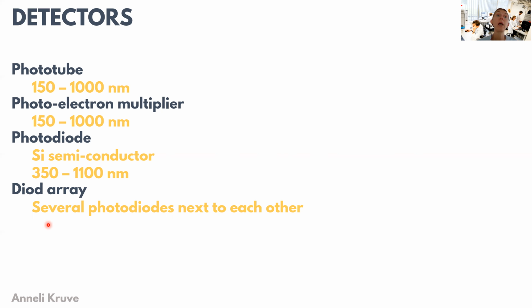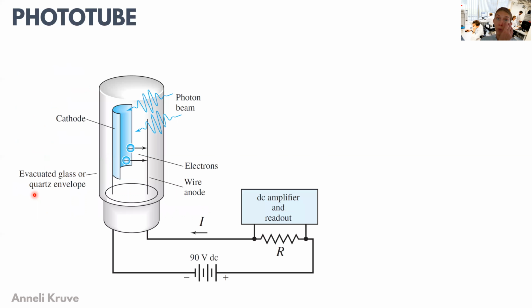And this is overcome by diode arrays, which have multiple detectors next to each other, so that the spectrum can be registered in the blink of an eye over the whole range of interest. But let's view briefly how these detectors work.